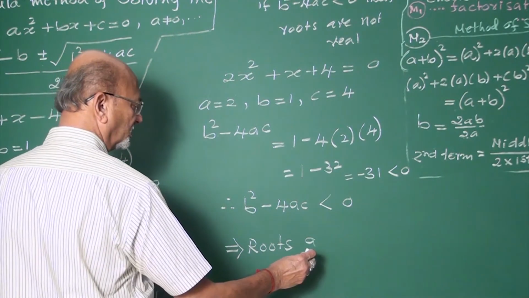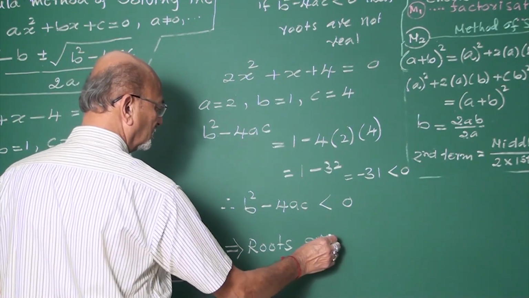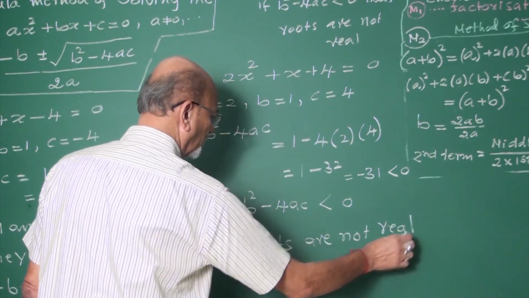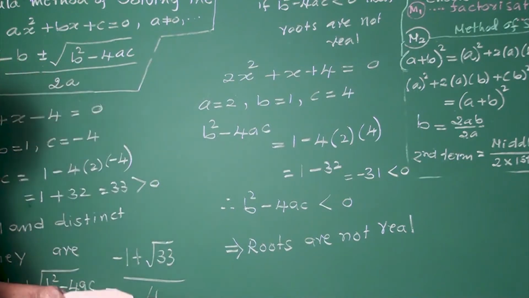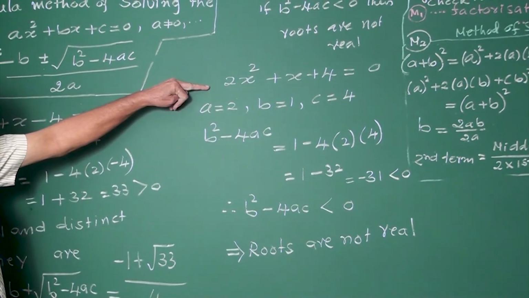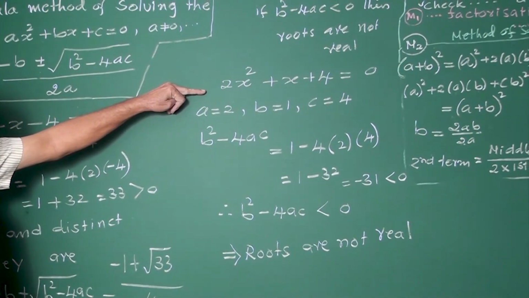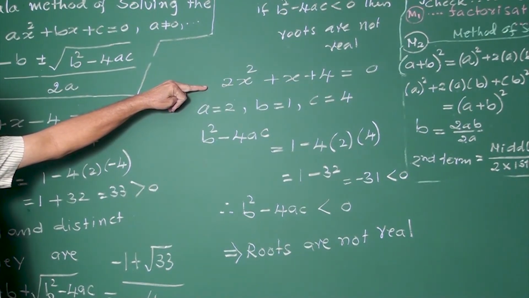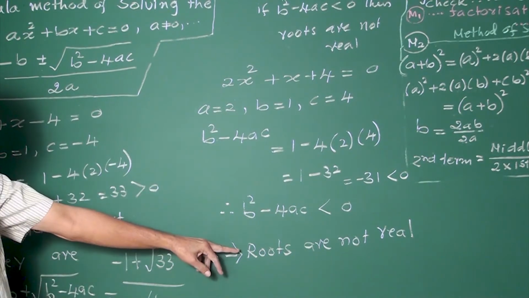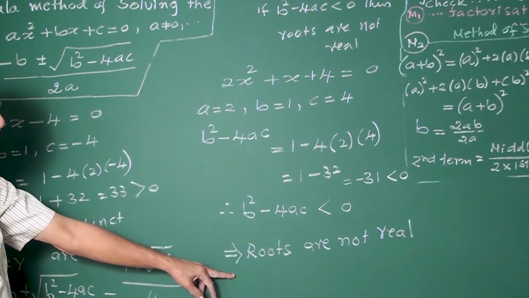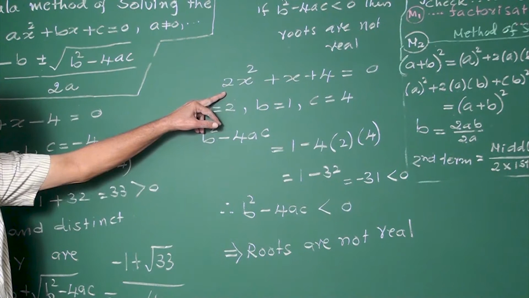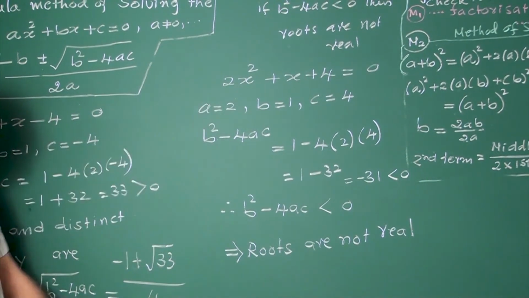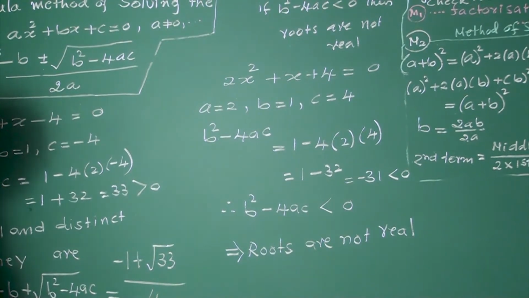Real roots don't exist. Roots are not real. You mean the given equation doesn't have real roots, or real roots of this equation do not exist. You can write anyway. Roots of the given equation are not real.